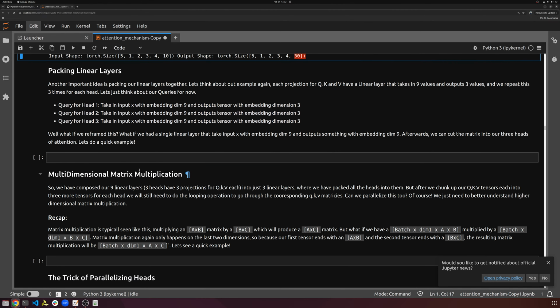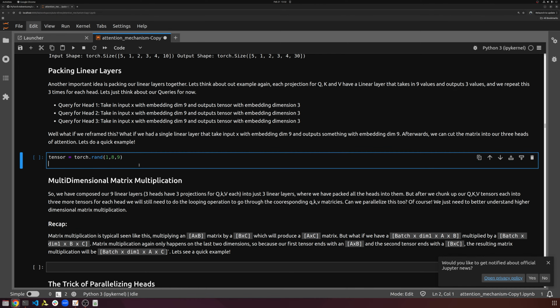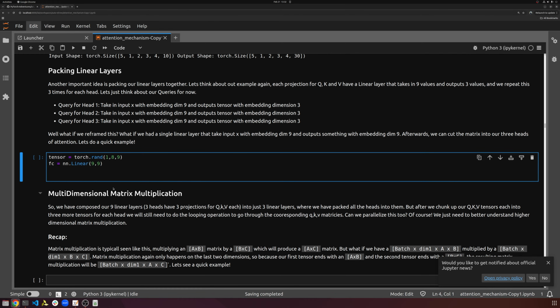So what I mean by this is we can do our tensor, let's say is torch.randn, or rand, we'll have a batch size of 1, a sequence length of 8, and an embedding dim of 9. And our fully connected is nn.Linear 9 by, so before we were going to have a query vector that's 9 by 3, but we'd have 3 different query vectors, each of them being 9 by 3, right? But instead of doing that, why not just have one linear layer that's 9 by 9 for now?